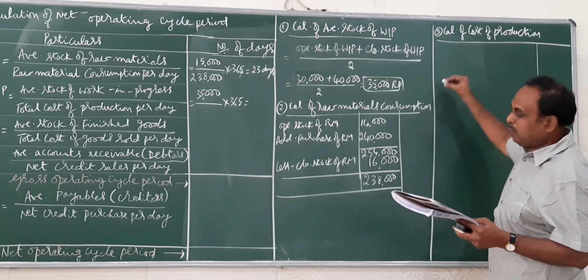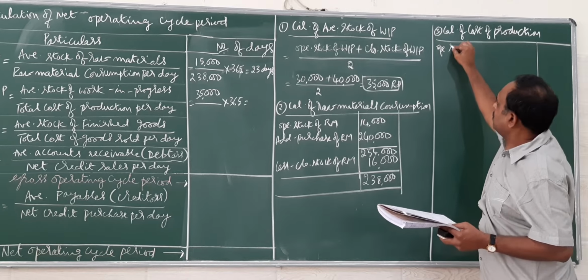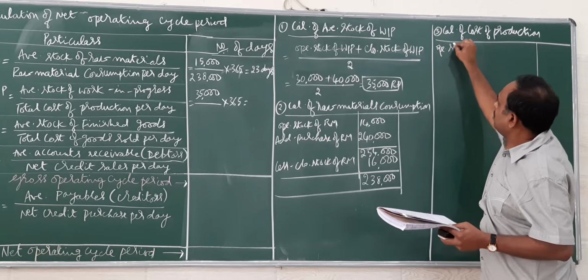For that we have to take opening stock except finished goods. Finished goods should not be taken into consideration for the calculation of cost of production. Once it is finished goods, it is not a cost of production, it is the cost of goods sold, so it doesn't come in there.